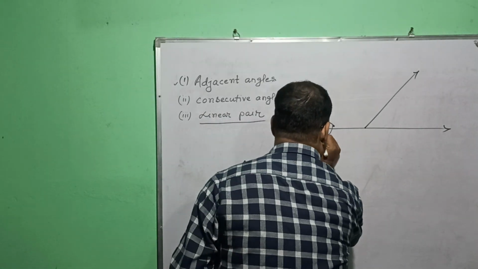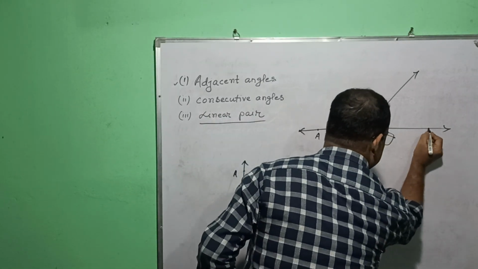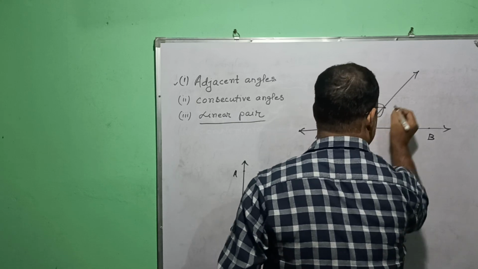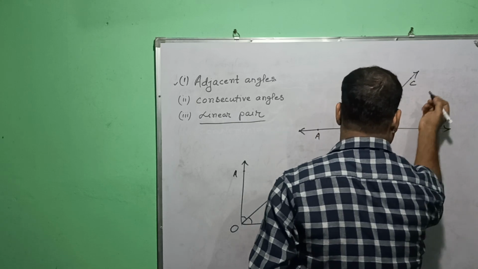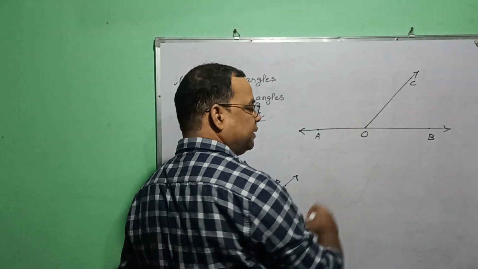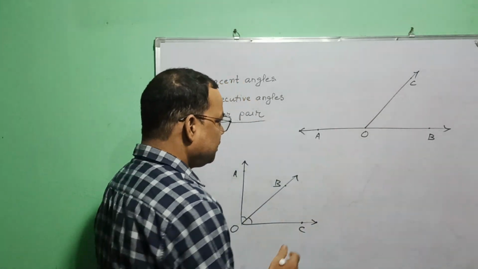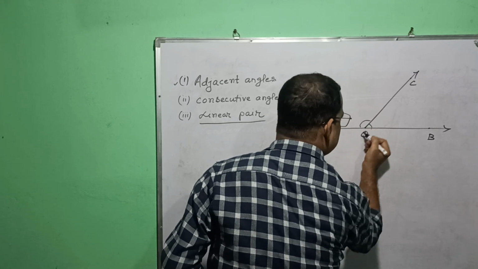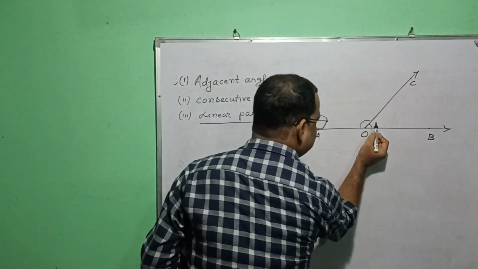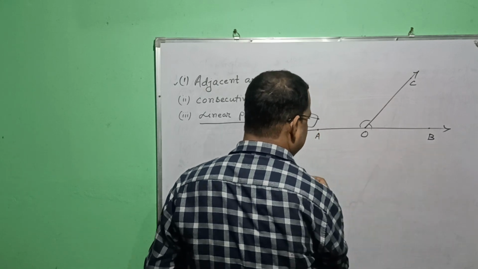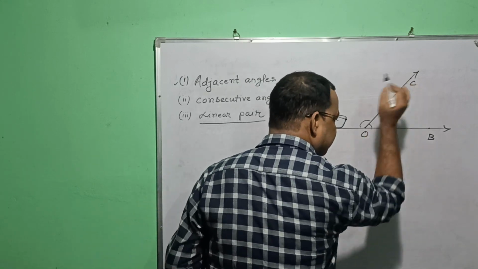We can name it here: suppose the line is AB and the point is O, and let the ray end at C. So AB is a straight line and OC is a ray. Now it is clear that this OC formed two angles. One angle is COB and another angle is AOC.